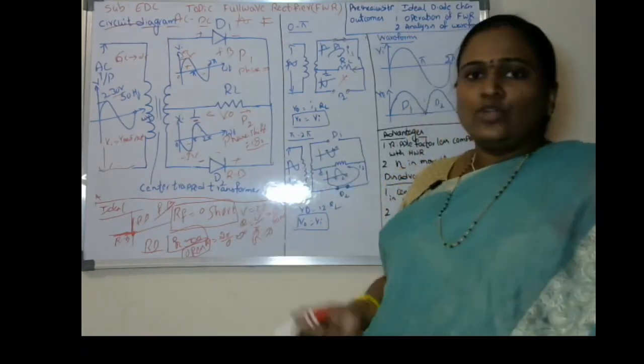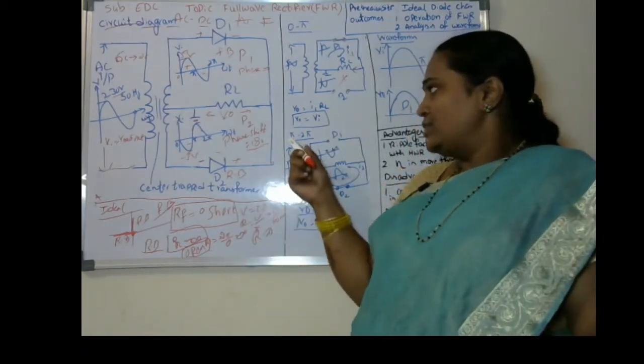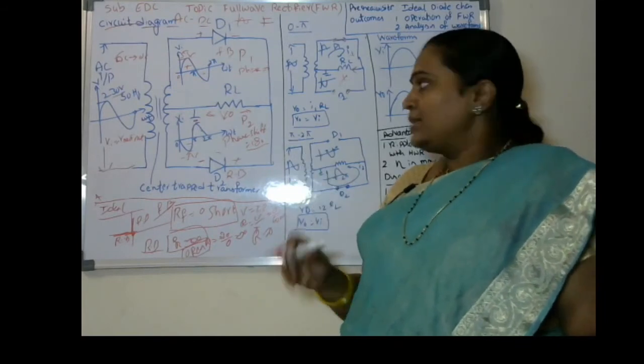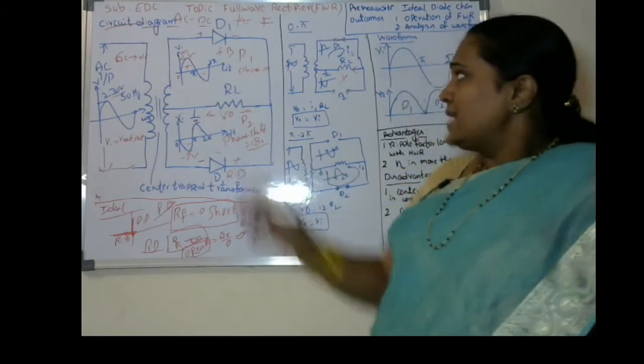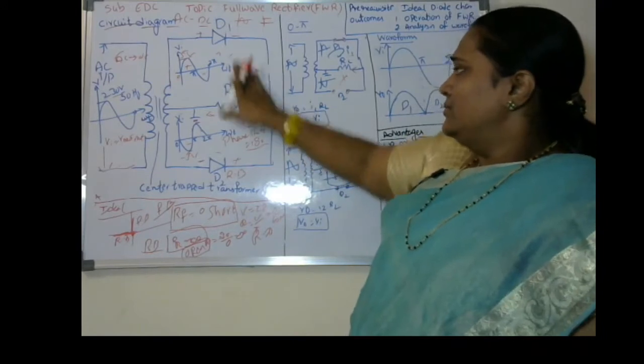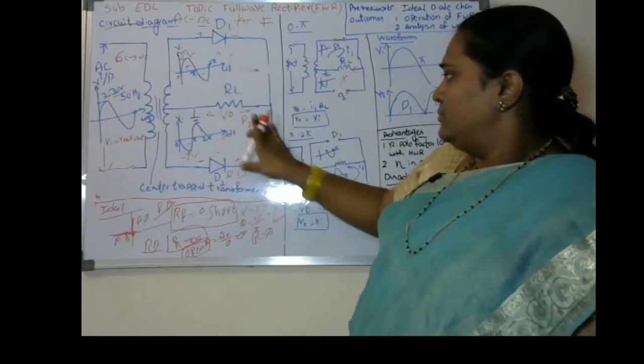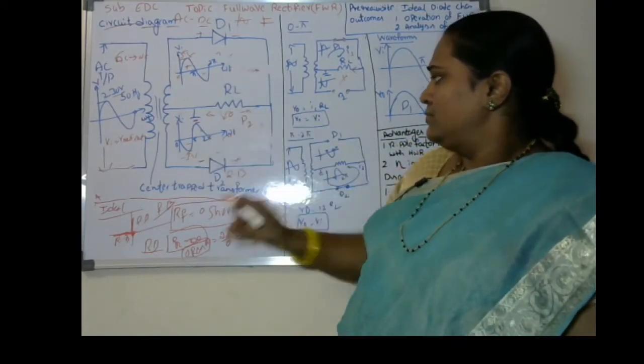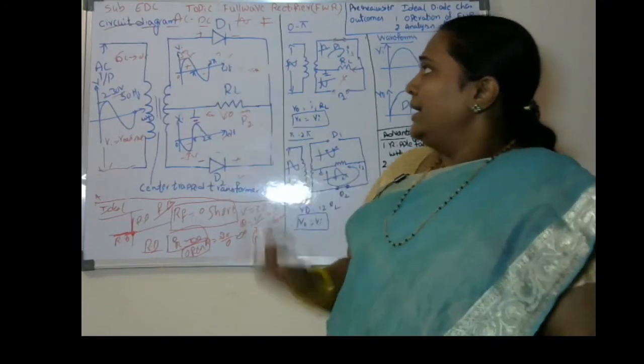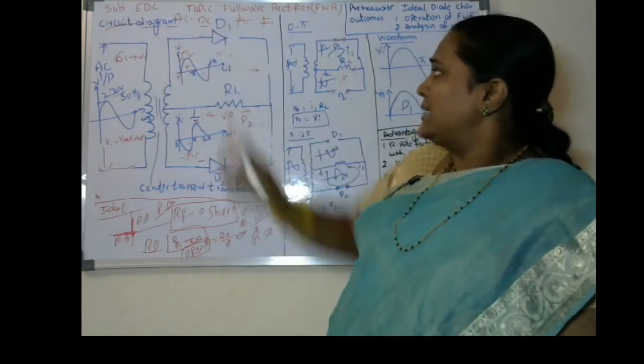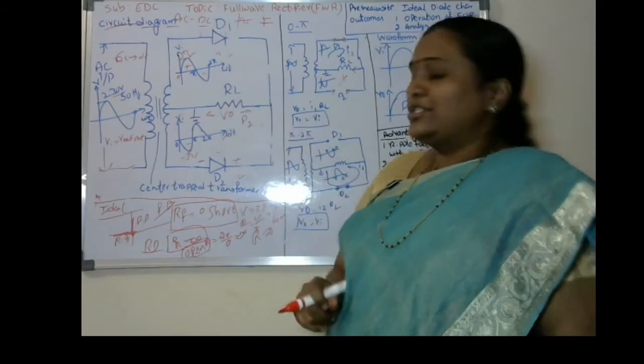Next, we have to go for analysis with respect to the pi to 2 pi cycle, nothing but the second cycle. In the second cycle, we have to see the scenarios with respect to the diode.